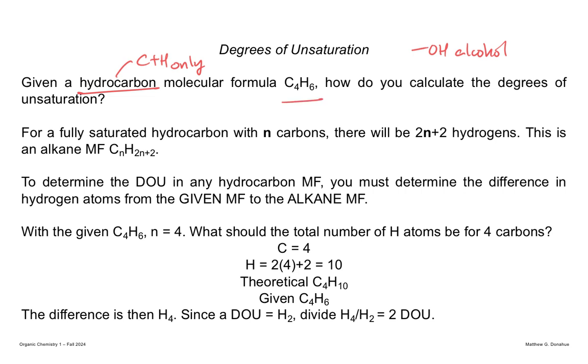So I can look at this molecular formula C4H6 and I can tell you with 100% confidence there is no alcohol in that molecular formula because there's no oxygen specified. So if you're drawing a structure and you put an alcohol in there, you're immediately wrong. And so that's the self-check.